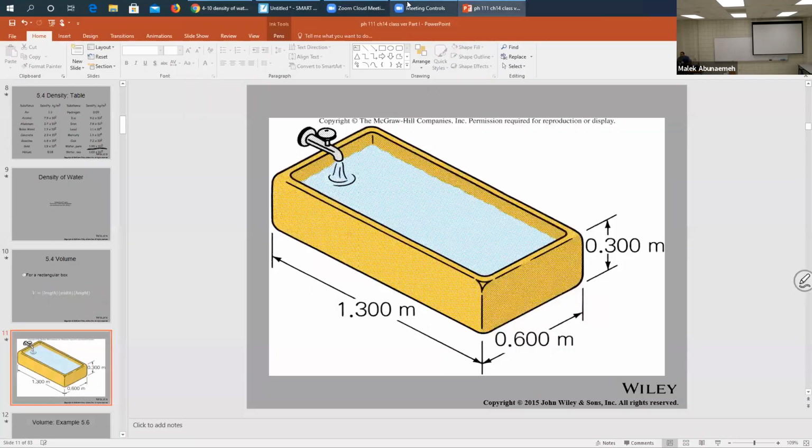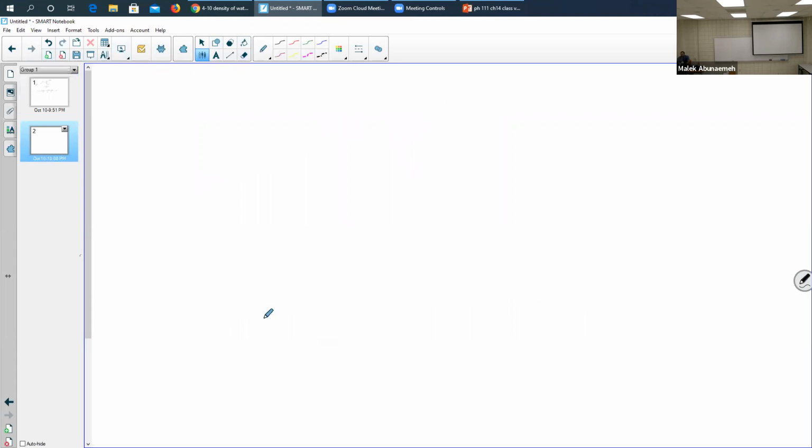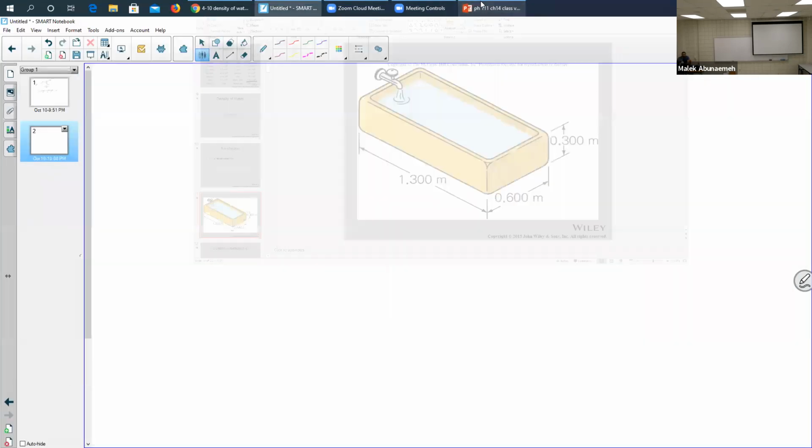Well, let's take a look. So your length over here is 1.3, your width is 0.6, and it's 0.3 meters for your height.